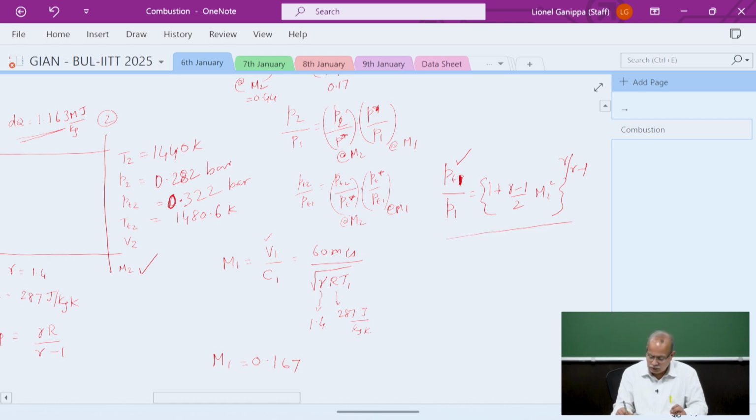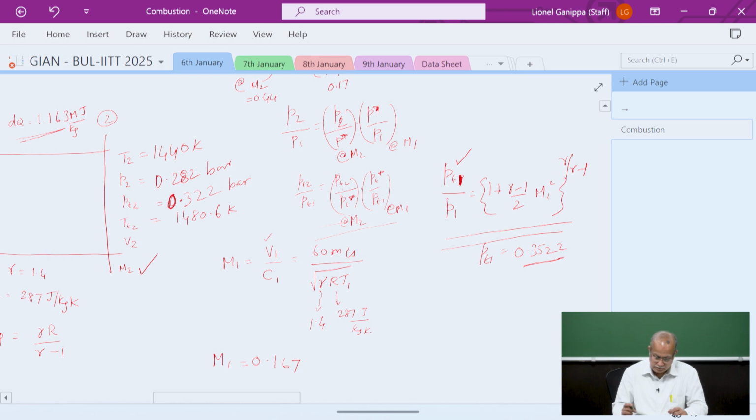So use this expression to find PT1. Anybody can tell me the value for PT1? 3522. And then use this expression to find PT2. 322 something.